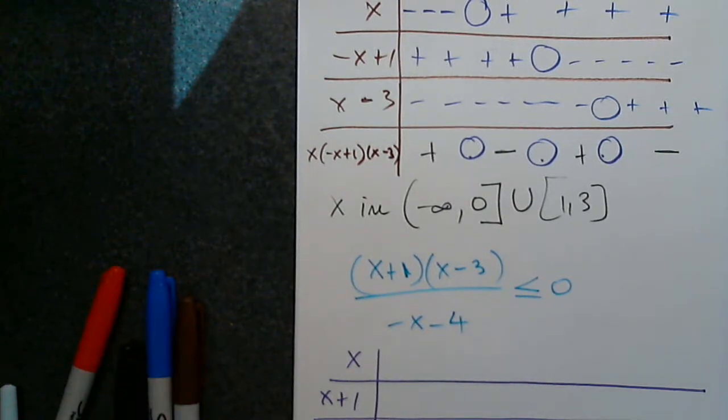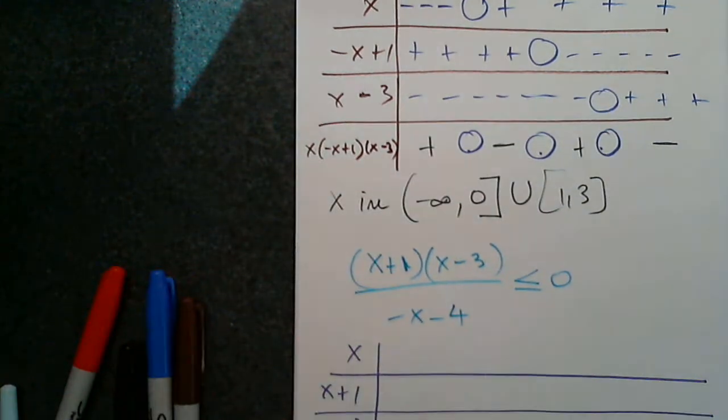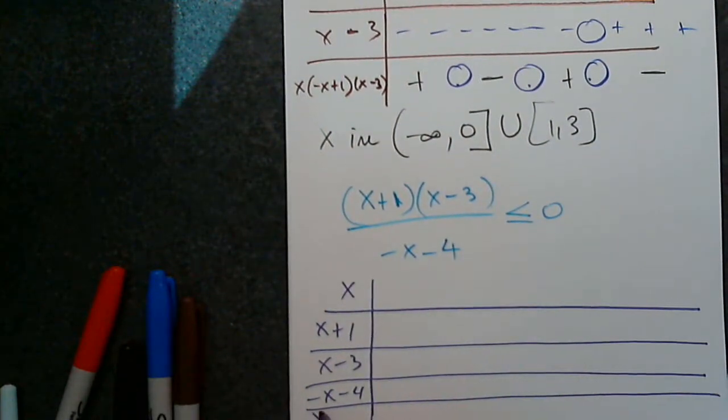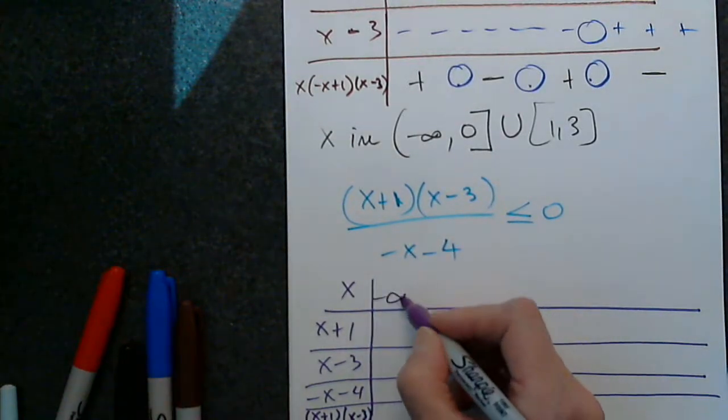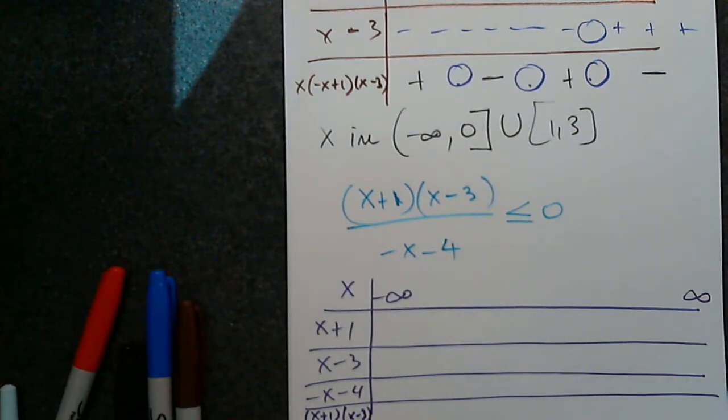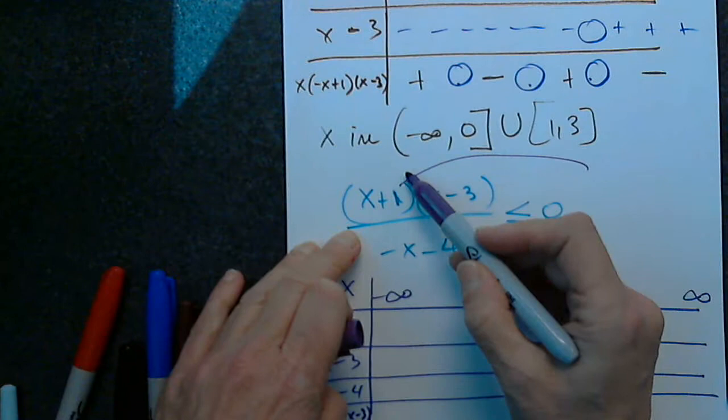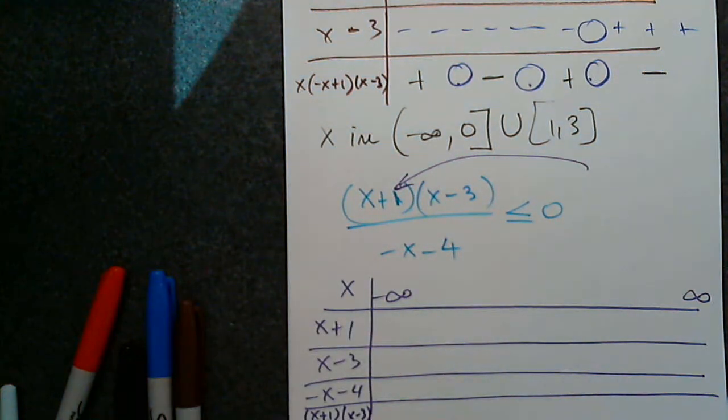And what will always be the last row? The whole thing, exactly. I couldn't have said it better. The whole thing. So I'm going to say x plus 1, x minus 3 over negative x minus 4. X is the variable in the problem. What number will you give me for x plus 1 that makes x plus 1 0?